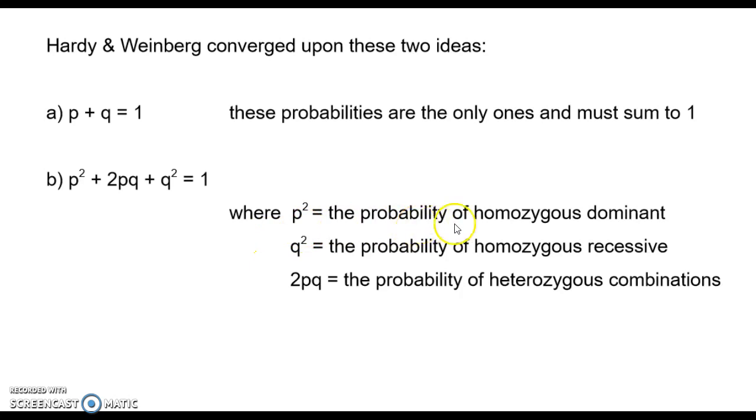P squared is the probability of an individual being homozygous dominant, and Q squared is the probability of an individual being homozygous recessive, and then 2PQ would be the probability of an individual in this population being heterozygous. And we'll talk a little bit about that in a moment as we go through an example. So those are two different equations. One is about the gene pool, the allele frequencies, if you will, and the other is about how those alleles can be combined, okay?